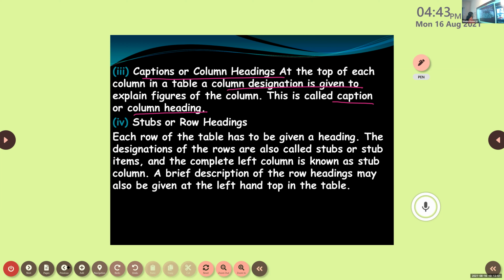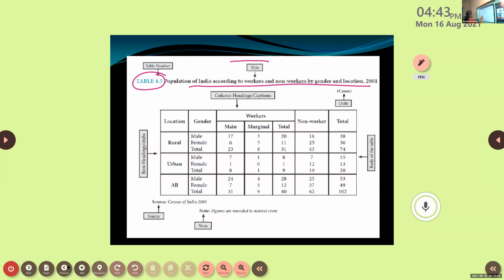For example, here, which one is considered a column? Any heading you can read? Gender, workers, non-workers, total.